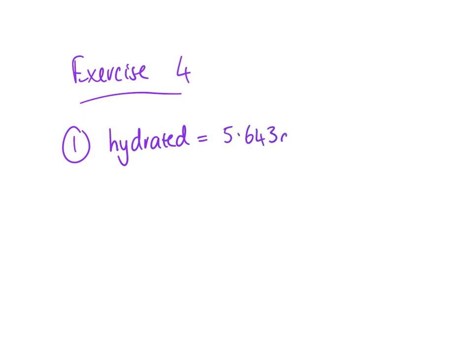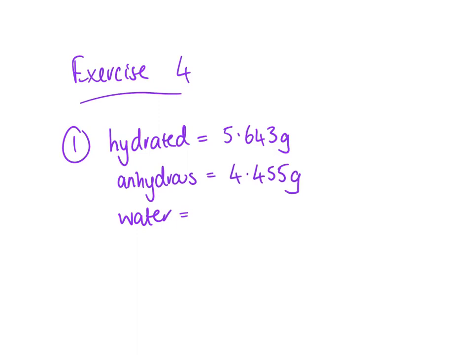Good, 5.643 grams. What about your anhydrous then? Good, just from the question, 4.455 grams. How do I then get the water? Yeah, it's a difference between the two. The rest is made up of water.